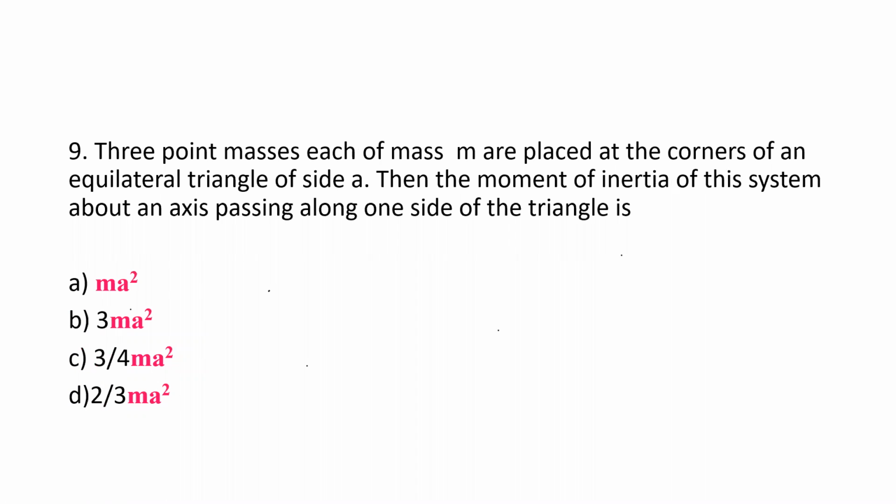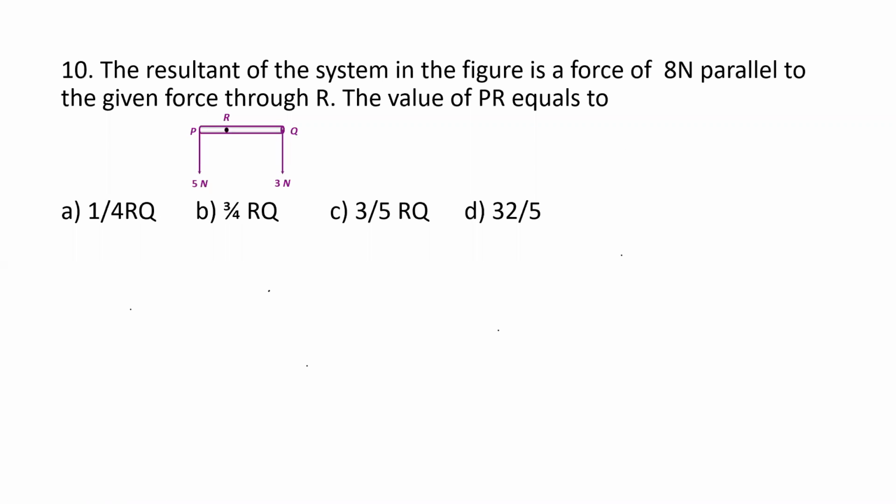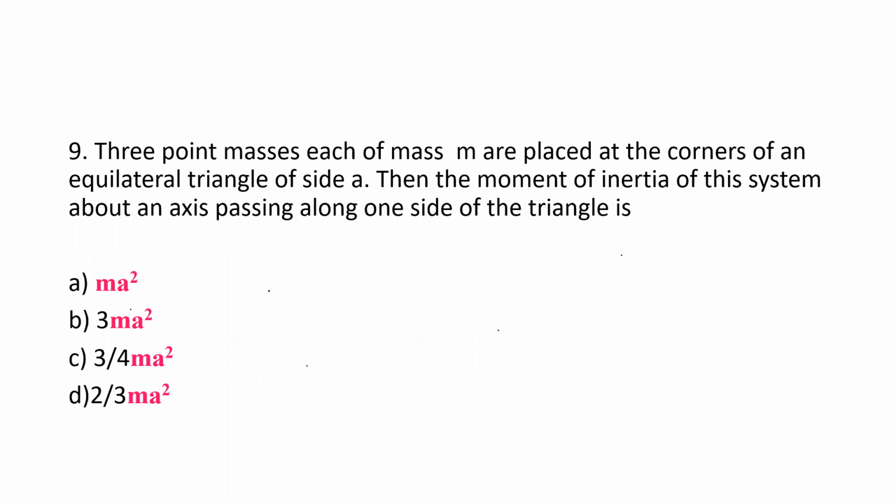3 point masses, each of mass m, are placed at the corners of an equilateral triangle of side A. Then the moment of inertia of the system about an axis which is passing along one side of the triangle is given by. So here again we need to calculate the moment of inertia.